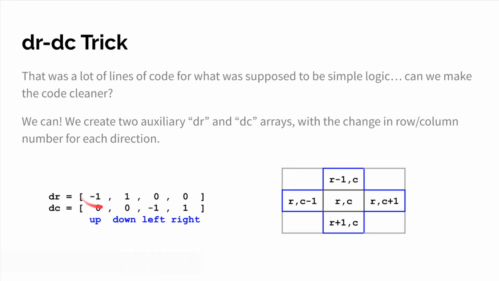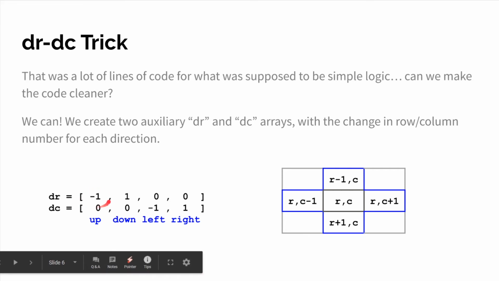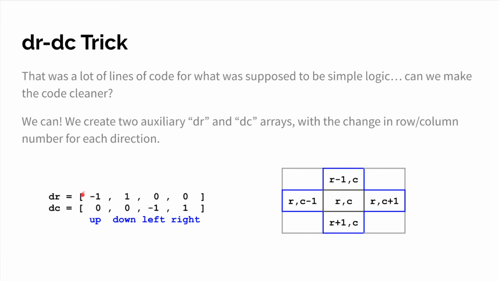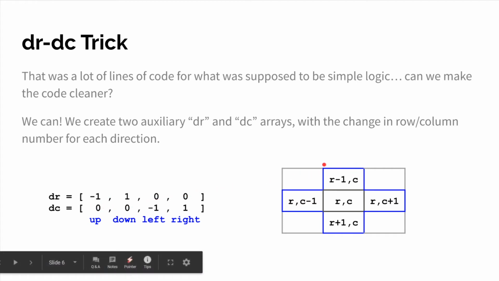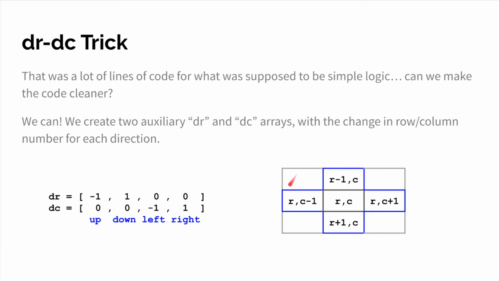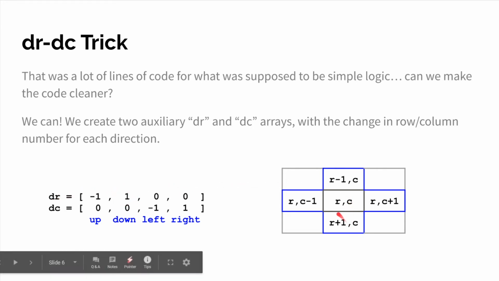So we could have a difference in row of -1 for up here, and a difference in column of 0 corresponding to this cell. And similarly, we would have a difference of 1 for the row and 0 for the column, and you can see how this corresponds to each cell that we are checking.